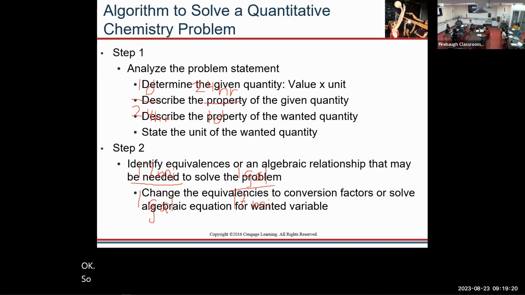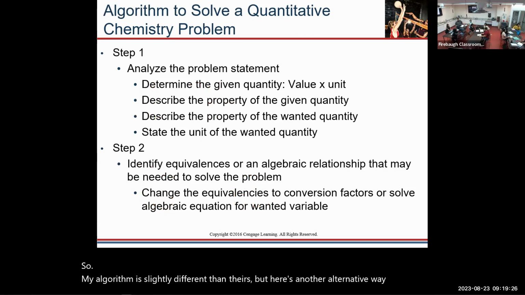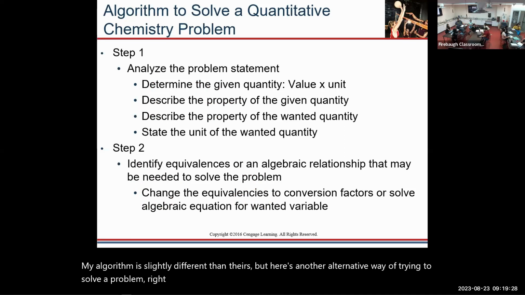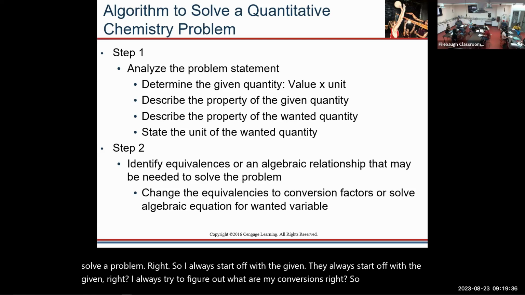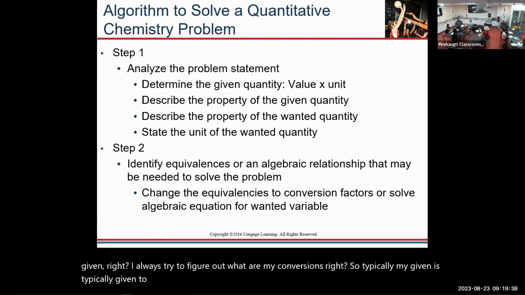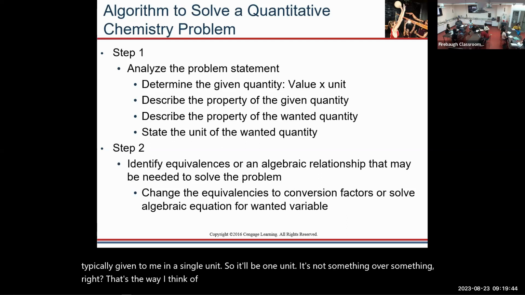So my algorithm is slightly different than theirs, but here's another alternative way of trying to solve a problem, right? So I always start off with the given. They always start off with the given, right? I always try to figure out what are my conversions, right? So typically my given is given to me in a single unit. So it would be 1 unit. It's not something over something, right? That's the way I think of the given in most cases. Occasionally we'll get thrown off, but for the most part it holds up, okay?